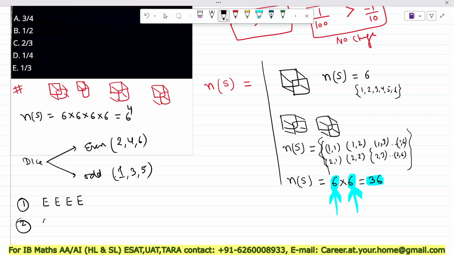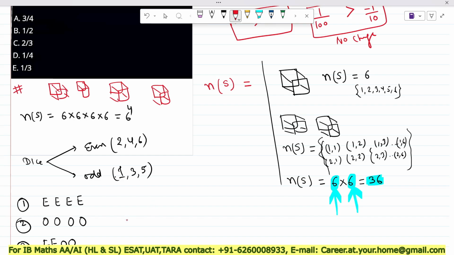The second possibility is odd and odd. If you add odd and odd, you will get an even. The next is even and then odd. You may say odd, even, but we will count it in one step, right? Any other possible combination, if you can think, please let me know.